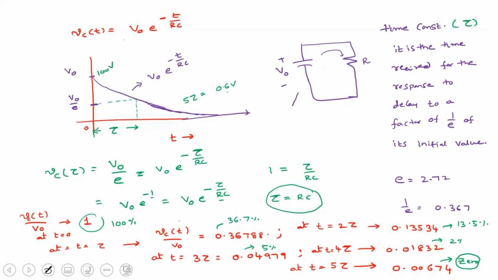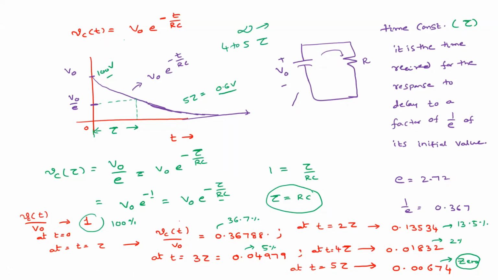Compared to 100 volts, this 0.6 volts is insignificant. So theoretically you require infinite time to reach the steady state, but practically you require 4 to 5 time constants.